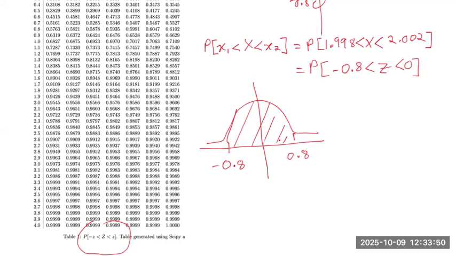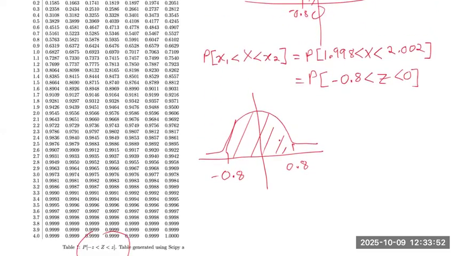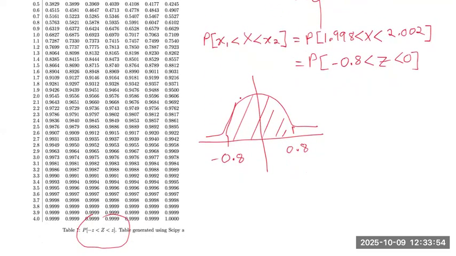However, we only need half of this probability, which is only this portion. So the probability from negative 0.8 to 0 is going to be equal to the probability at z-score 0.8, and we're going to divide that probability by 2.